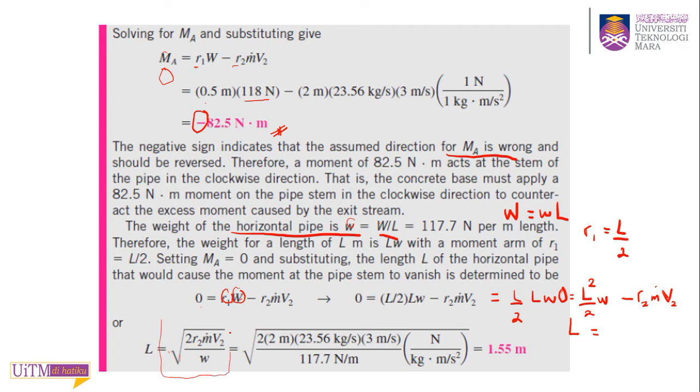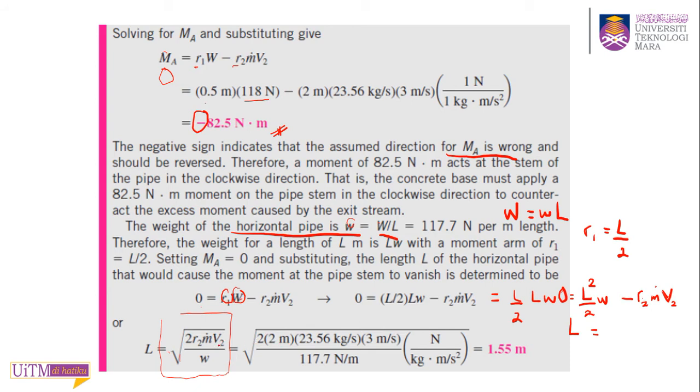Okay, if you rearrange, you will get 2 times R2 times M dot times V2 over W. When you bring this to the bottom, you can find the L. Just set all of this into the equation.